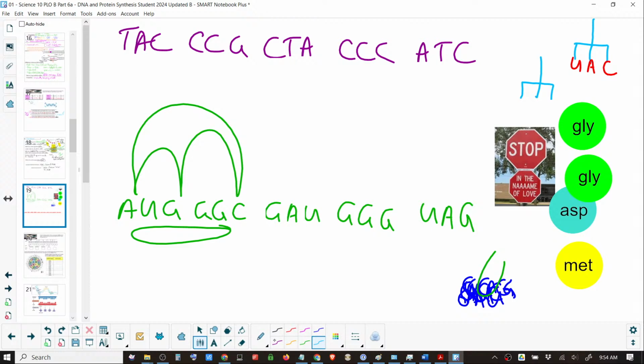The first phase of protein synthesis is initiation, where the ribosome attaches to the mRNA.